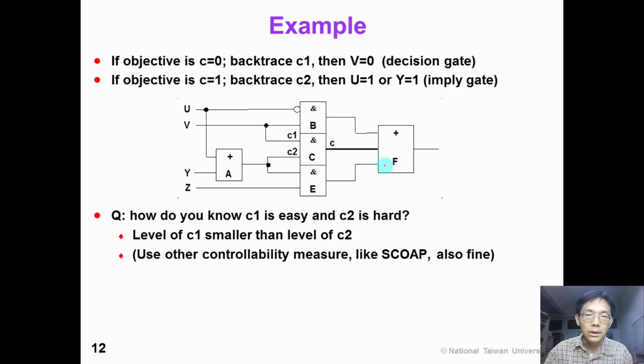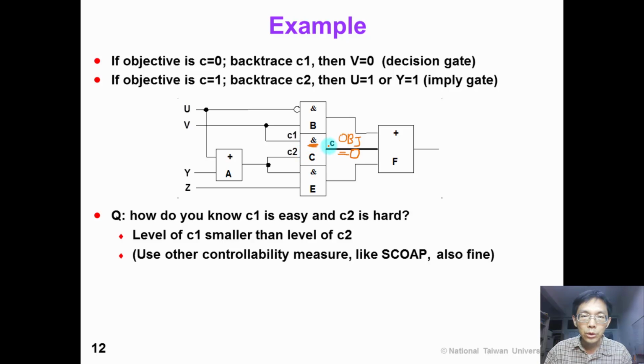Here is an example. Suppose that our objective value is C equal to 0. This is a decision gate for this AND gate.